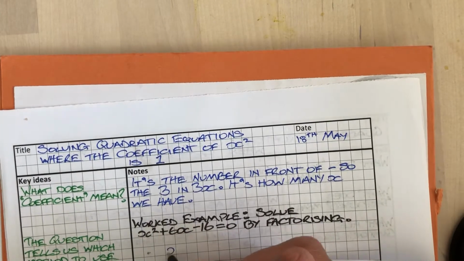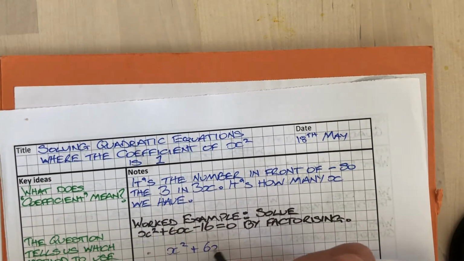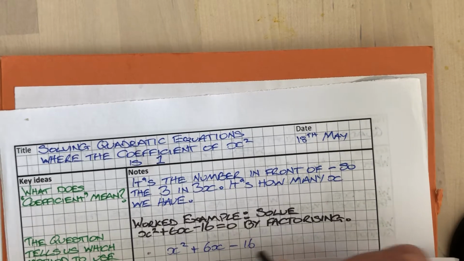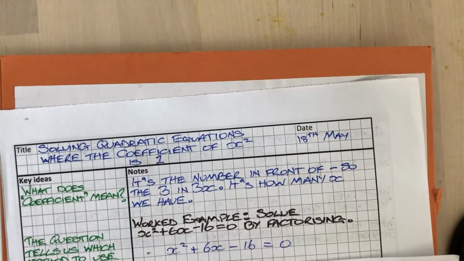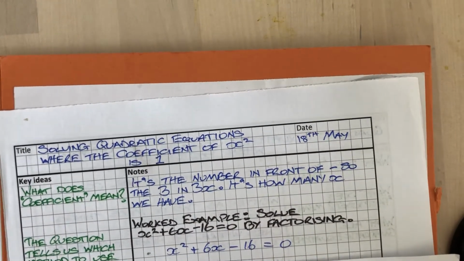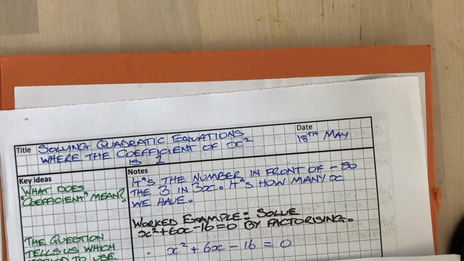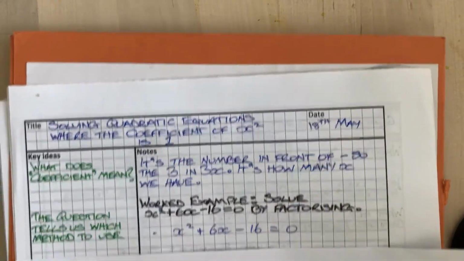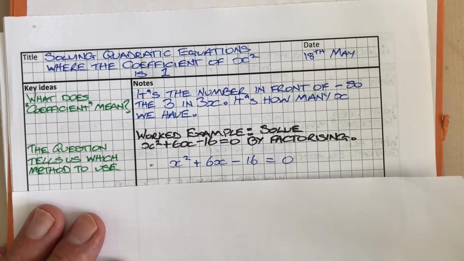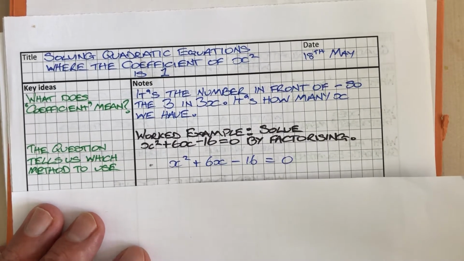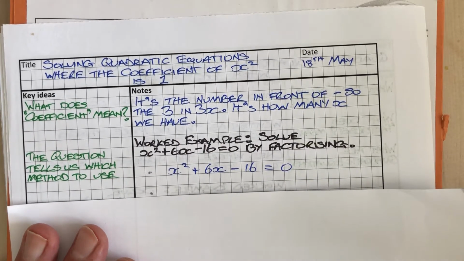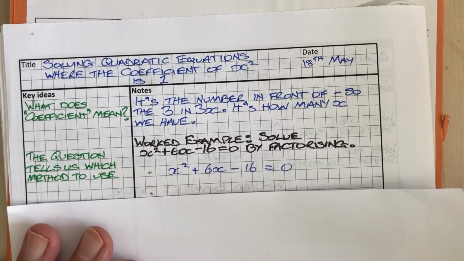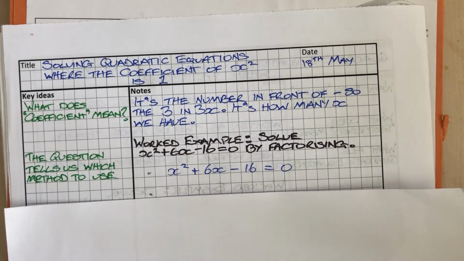Well, I'm going to write out the equation like so. That's what I'm using in the question. I would generally recommend that when you're doing algebra, you write down what it is that you're using from the question. Now, factorising is to do with multiplication, isn't it?